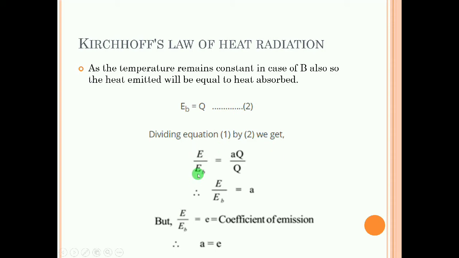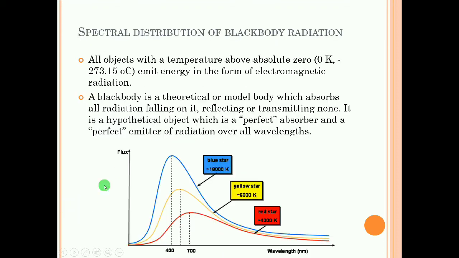So E upon E suffix B equals a into Q divided by Q. Q cancels, and a is left. E upon E_B is nothing but the coefficient of emission or emissivity, small e. So we get a is equal to e. This is the statement of Kirchhoff's law, that the coefficient of absorption is equal to the coefficient of emission. This is all about the theoretical proof of the derivation.